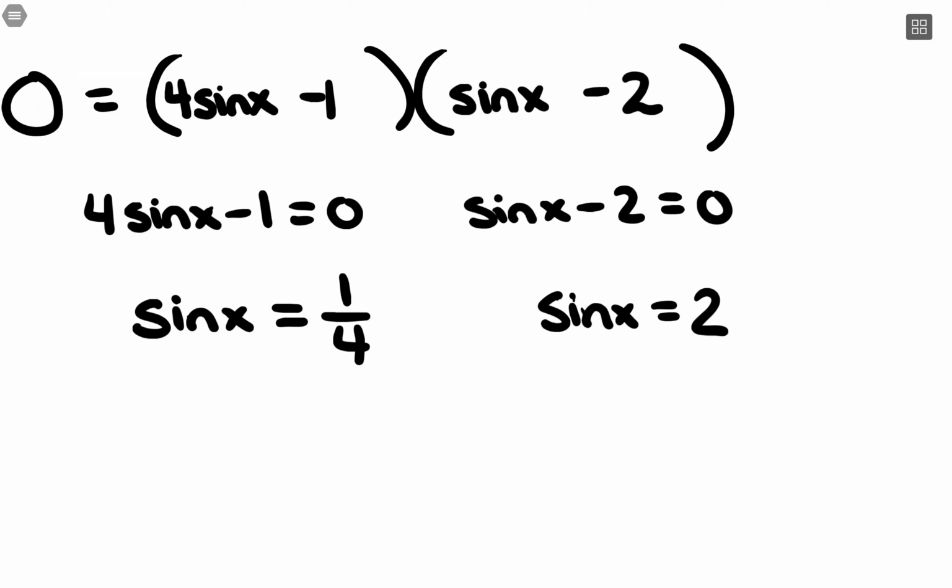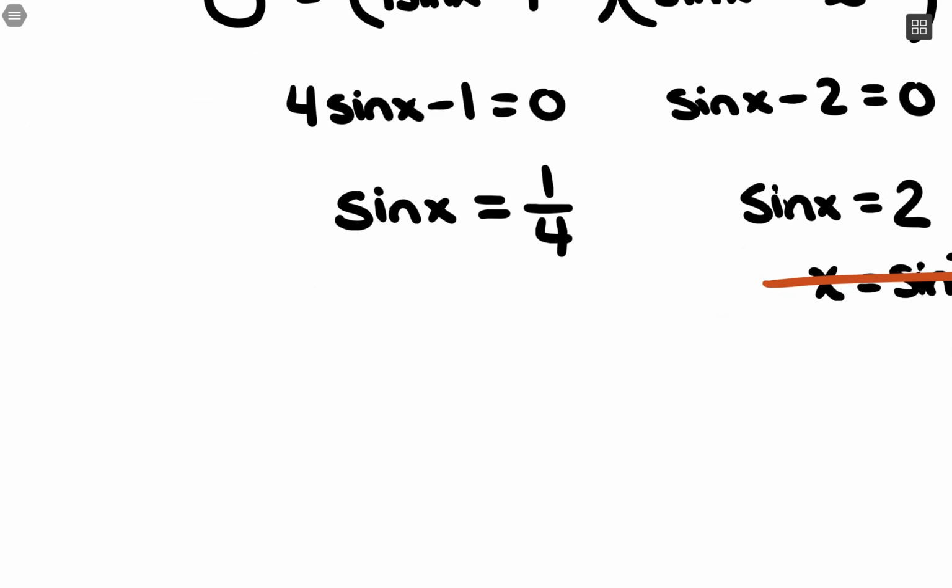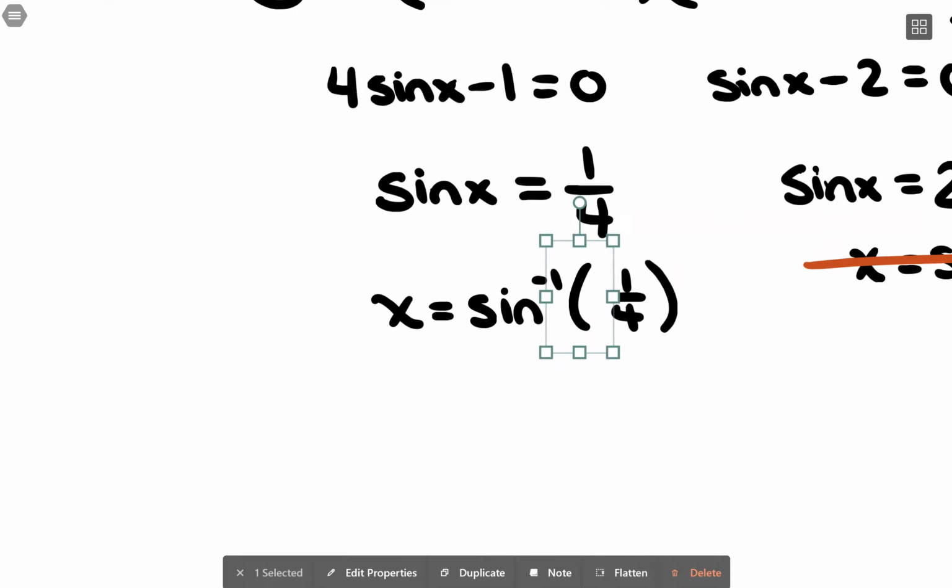So this is telling me that we're looking for an angle measurement where the y-coordinate is positive 2, and that can't happen with sine. If we're on the unit circle, we can't have a y-coordinate of positive 2, so that part's not going to give us any information. But over here, solving for an angle measurement with inverse sine of 1/4, this we can solve for.